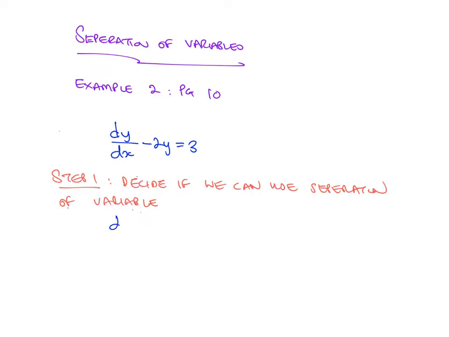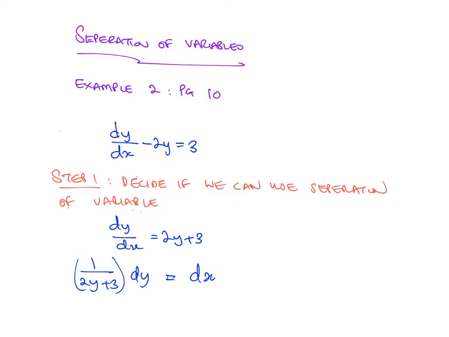Okay, so I can say dy by dx is equal to 2y plus 3, and if I divide both sides by 2y plus 3 and bring the dx over, then what I get is this.